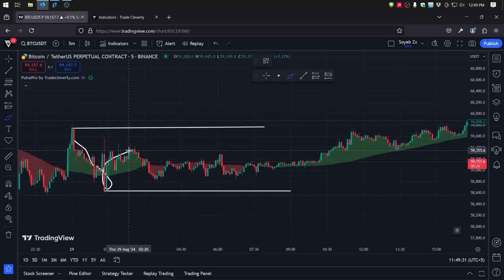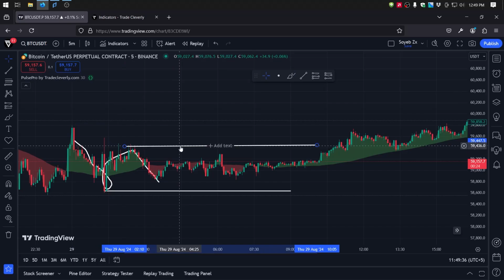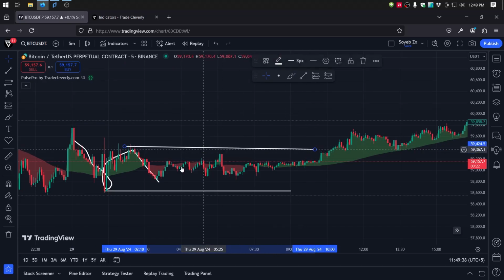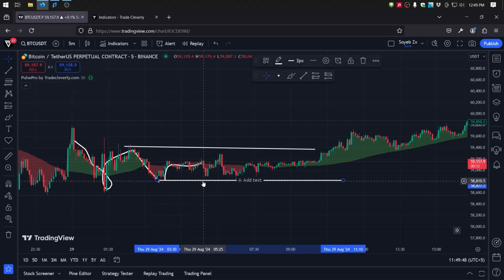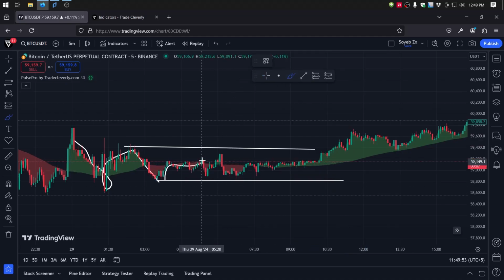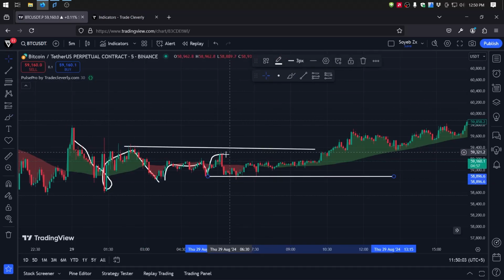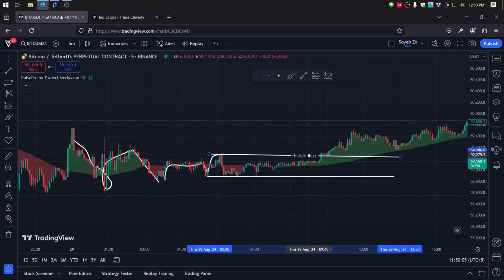Alright, and here the price goes down, the swing high is changed to here, and from here the price goes up, and also the swing low is changed, so I simply change it in here, and now you can see the price is going down, going up, again changing the swing low, so I simply change the swing low in here, and also you can see it creates a new swing high.